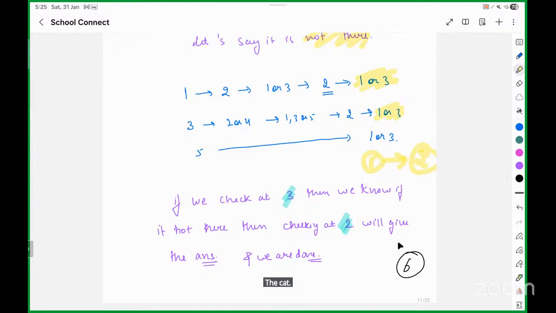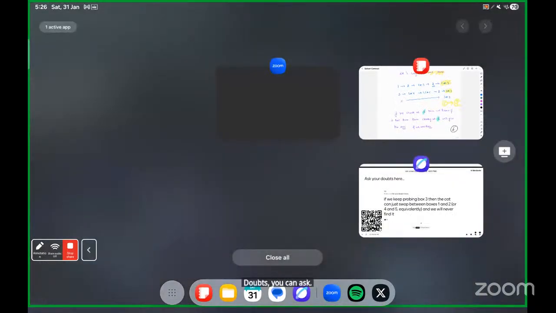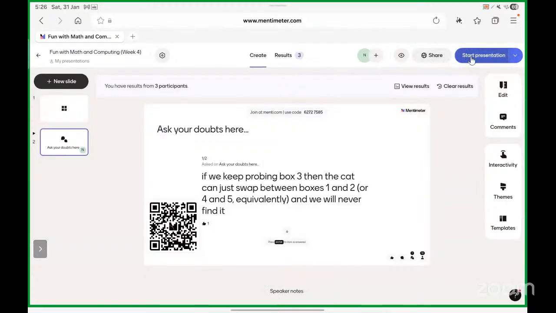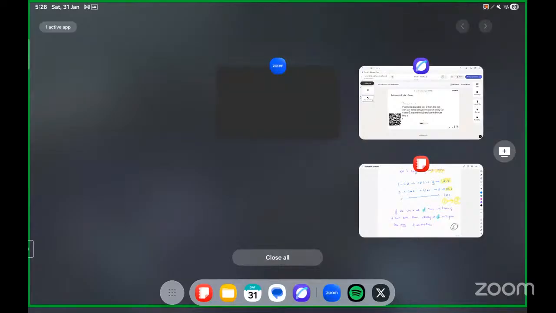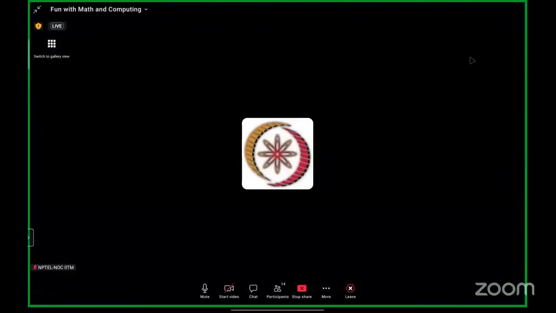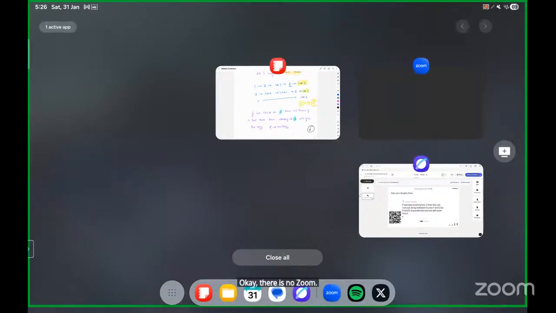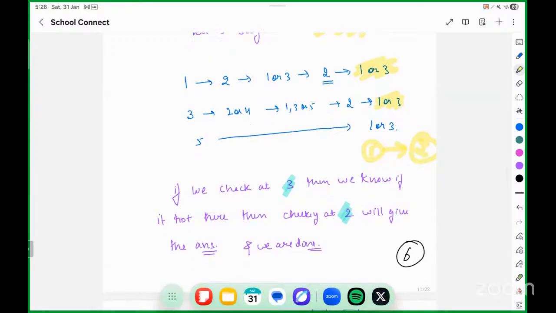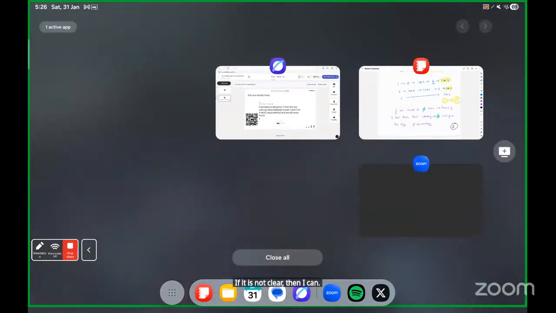I hope this is clear. If it is not clear, if you have any doubts, you can ask. Is this clear? Okay, there is no question in Zoom. If it is not clear, then I can once again repeat this.